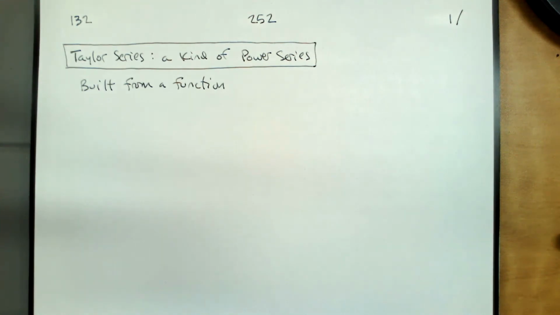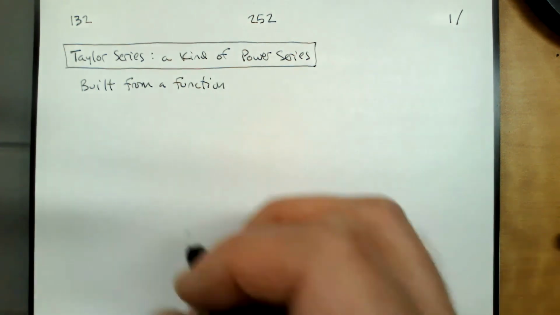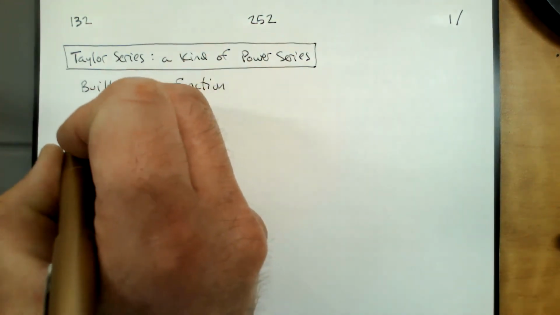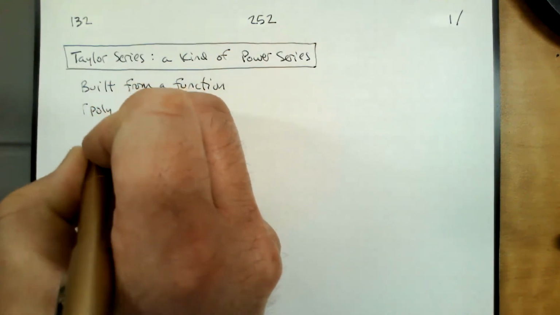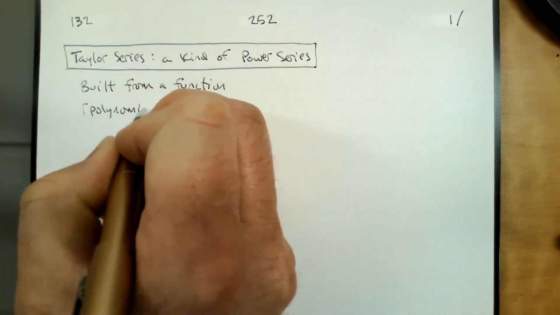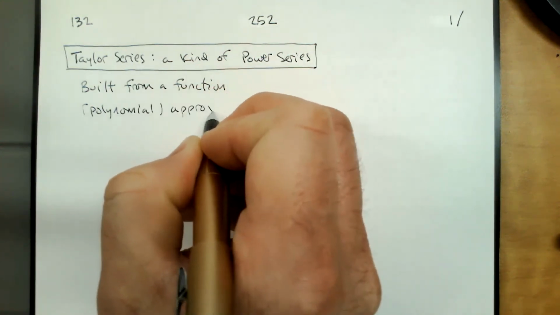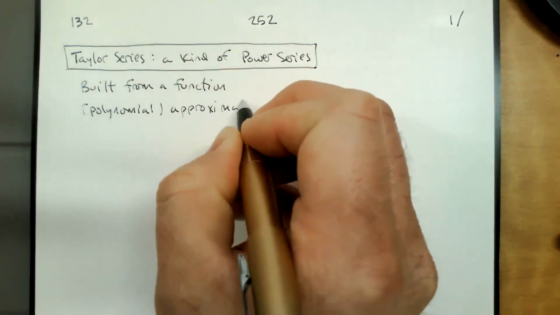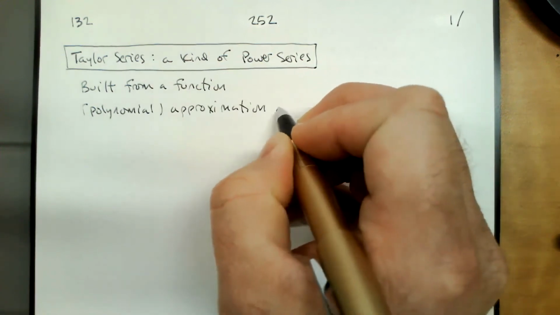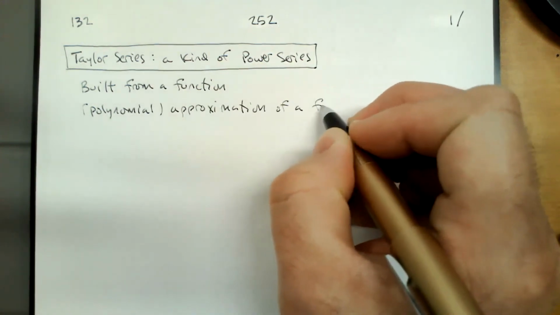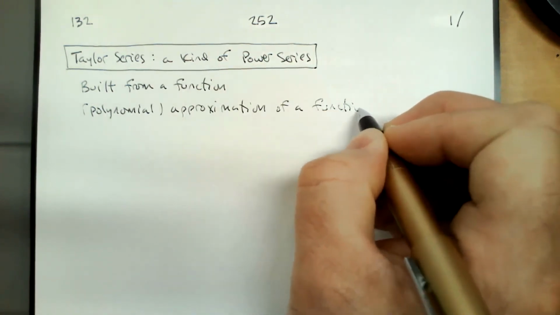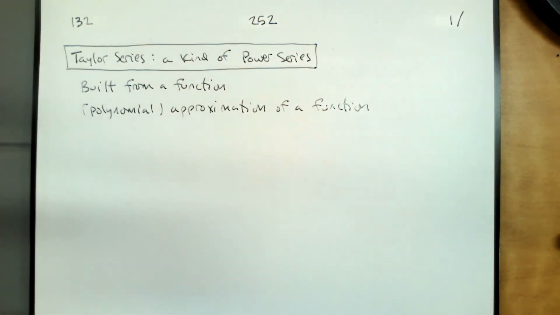A lot of times we'll think of a Taylor series as a polynomial approximation of a function near a point.